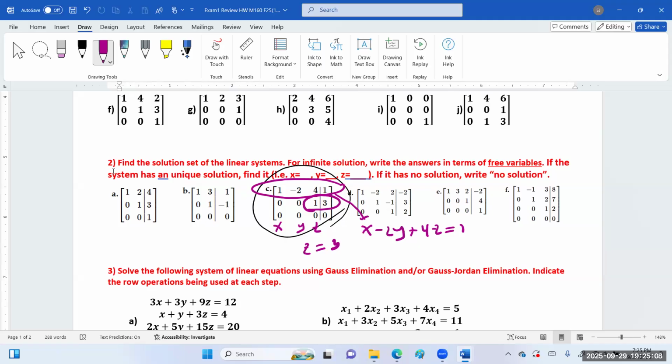But you already know our z is 3. That means this is 12. So subtract 12 from both sides, and you add 2y to both sides. So they cancel out. You have x is 2y minus 11. So your x is 2y minus 11.